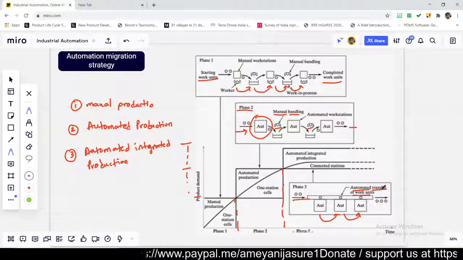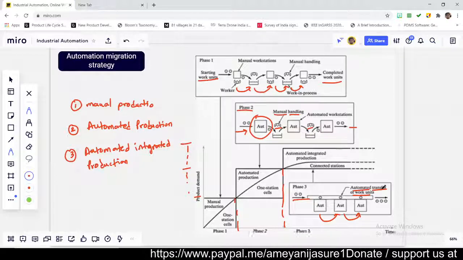There is less risk in shifting from manual to automation through this strategy, because you are moving step by step. You are not investing directly into the complete automatic system, and this also follows the trend from the market, what is the requirement from the market, and only then you think of implementing the automation.